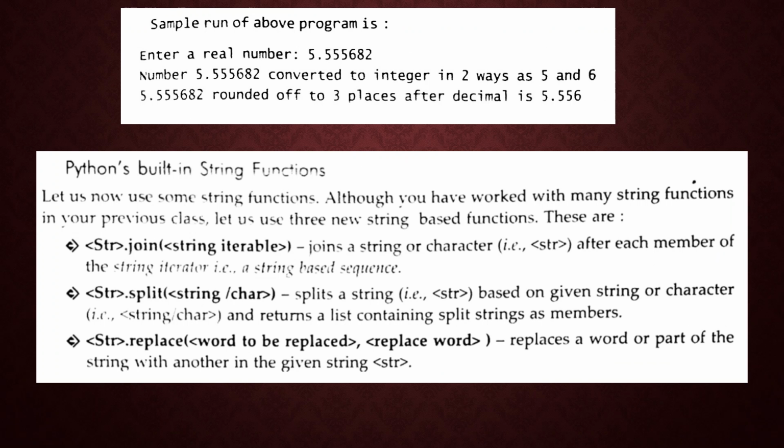It joins a string or characters, that is, first one str, after each member of the string iterable, that is a string based sequence. So that is to join. Next, the str.split function splits a string based on given string or characters and returns a list containing split strings as members.